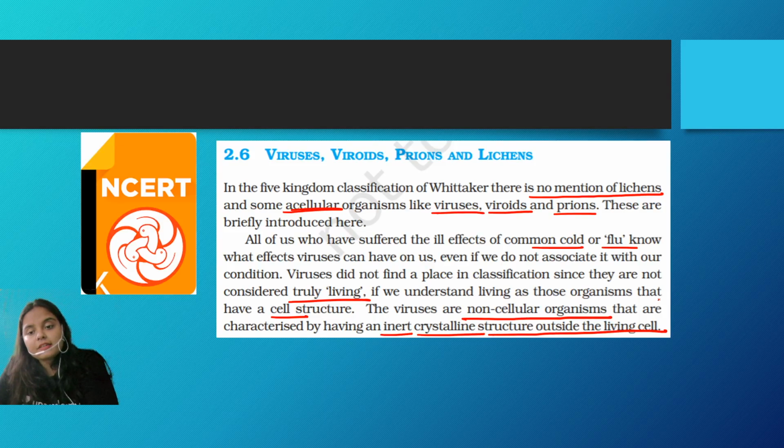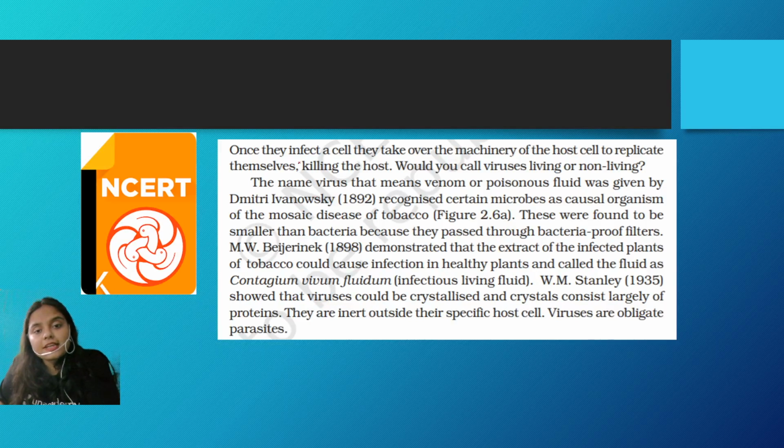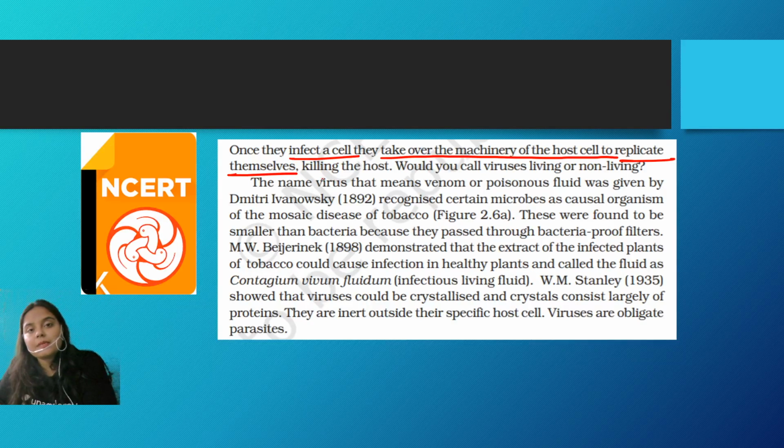Once they infect a cell, they take over the machinery of the host cell to replicate themselves. They start replicating themselves and they kill the host. Would you call viruses living or non-living? So the answer is they are a connecting link. They are present in between living and non-living.